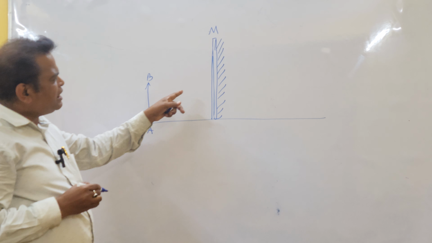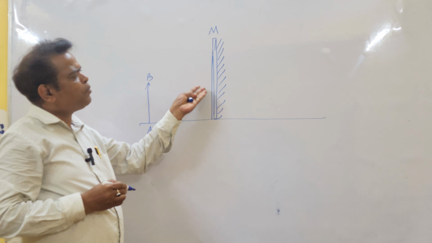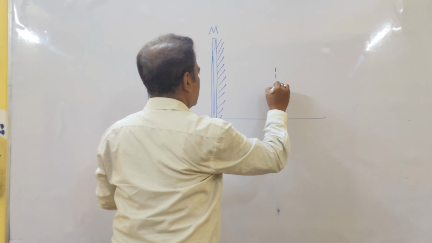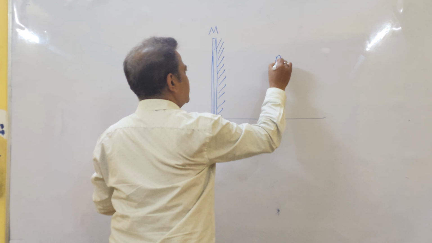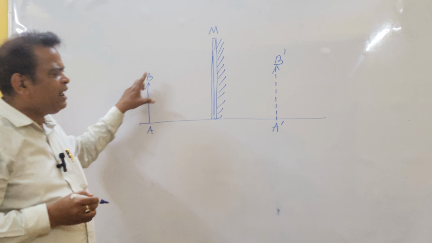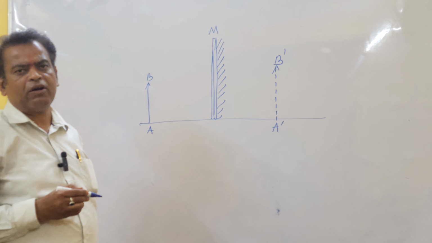If the object is in front of the plane mirror, then the image will be produced behind the plane mirror, and here the image formed is named A dash B dash. AB is your object, and A dash B dash is the image formed by the given plane mirror.